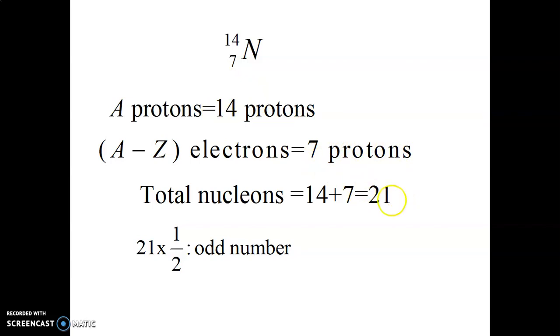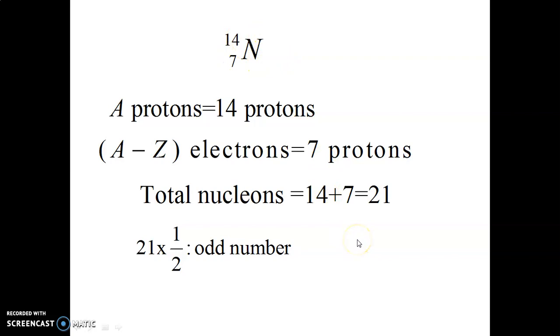Now students, all fermions are a certain category, as I have already mentioned. All fermions have half-integral spins. So 21 times half is definitely a half-odd number, so the total spin of the nitrogen nucleus must be half-odd-integral, and that indicates that this nitrogen nucleus is a fermion.